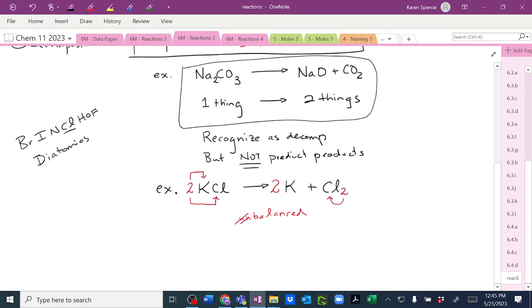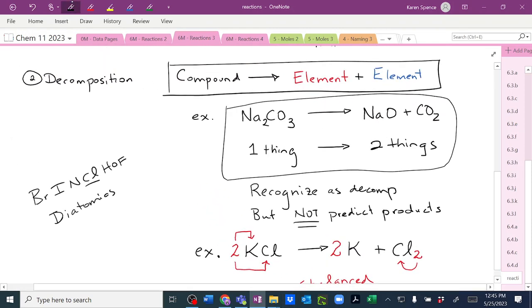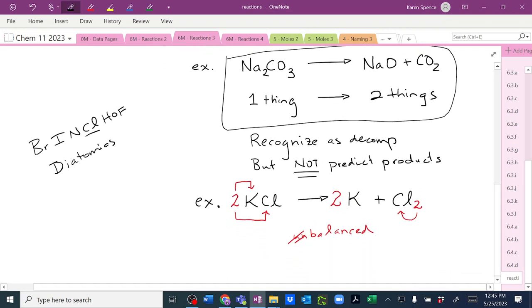What is a third type of reaction? Tell your partner, what's a third type of reaction? What's the one that starts with, the other one that starts with S?